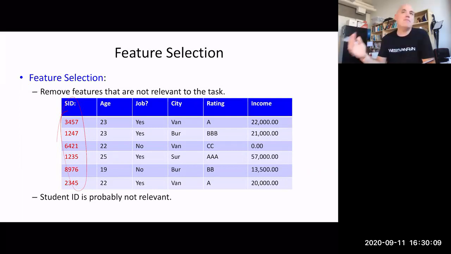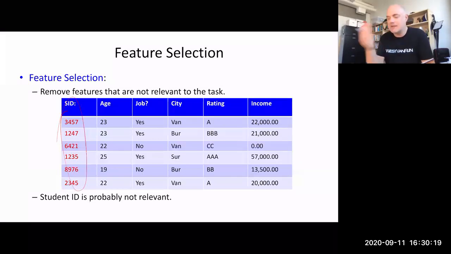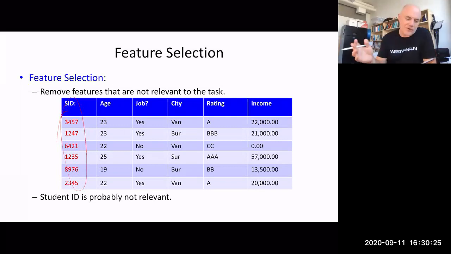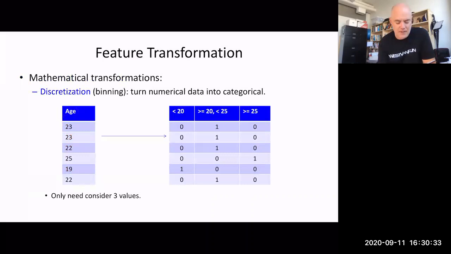Any model that you could ever possibly use to predict income based on these features, if it used the student ID in any way, would clearly be overfitting. It would be using data that clearly is not correlated to income. Student ID is not relevant. Of course, you could argue that maybe it is, because maybe you get a big student ID if you register late, or who knows. There's probably hidden correlation there, maybe, but probably not.